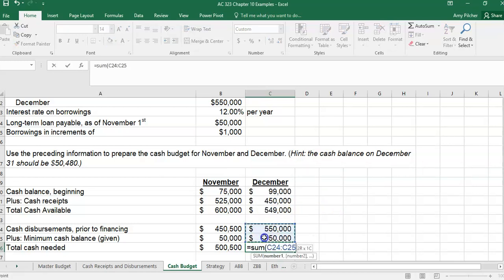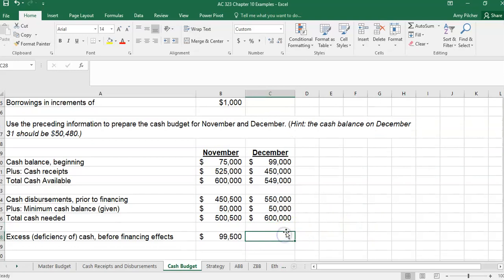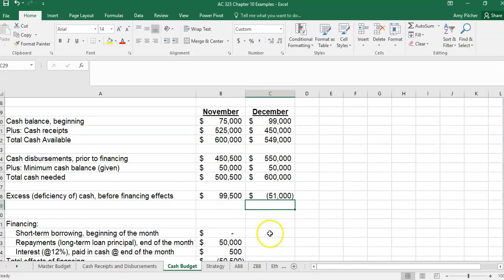So our total cash needed is $600,000. So our cash deficiency is $51,000. Therefore, we need to borrow $52,000.